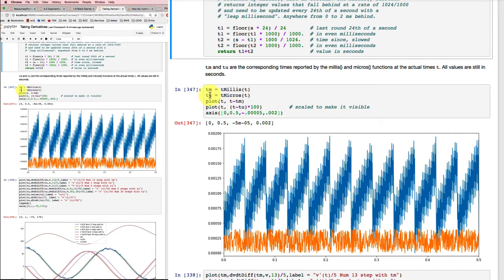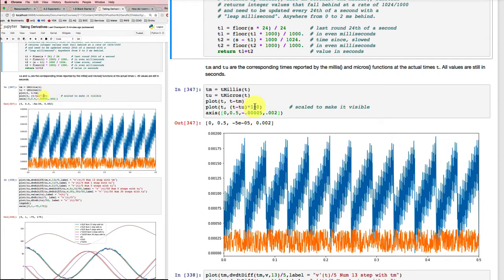And likewise, what does the time in microseconds returned by the micros function look like as a function of t? And what I can do is see how much that differs from the actual time by taking the time minus the time returned by the millis function, or the time minus the time returned by the micros function.